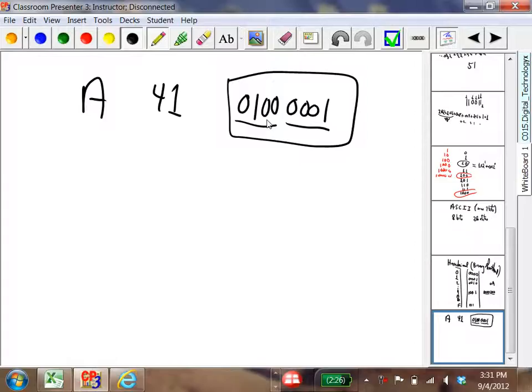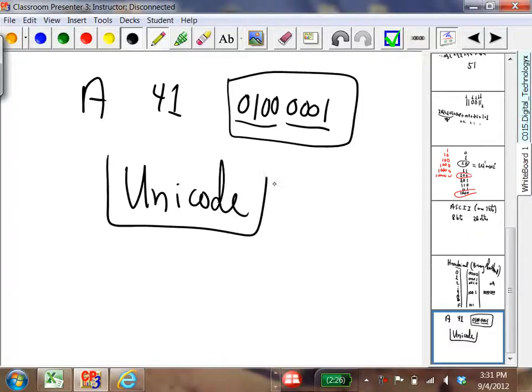Well, for many years, the ASCII code was kind of the main thing. Nowadays, there's more of an emphasis on something called Unicode. And instead of coding things in ASCII, you'll sometimes find things coded into Unicode.